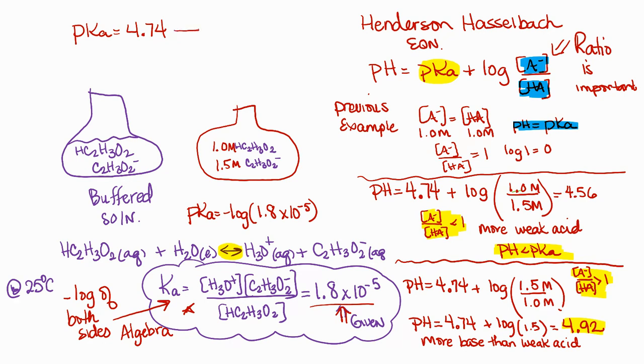That means that this is only a good buffer system around that particular pKa. So the pH range that this is going to work for is actually 3.74 to 5.74. That's the pH range that this solution will work best in resisting changes to pH.